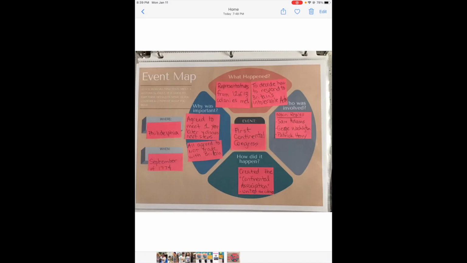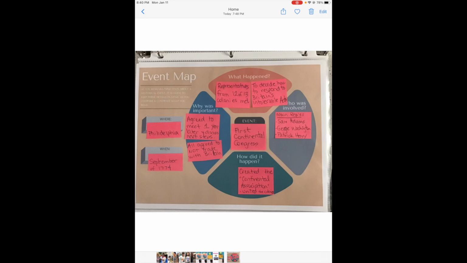So looking back at what we discussed and wrote on this map for the First Continental Congress, it states that it occurred in September of 1774 in Philadelphia, and 12 of the 13 colonies had representatives join this Congress. Their purpose of joining together was to determine how to respond to the passing of the Intolerable Acts by Britain.